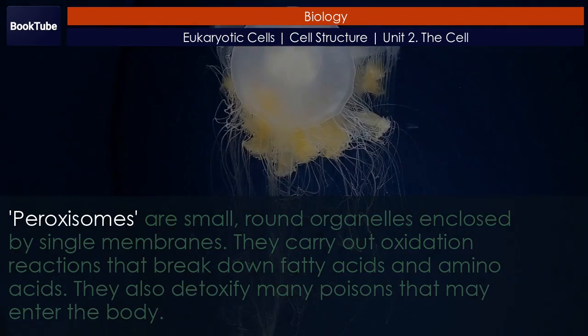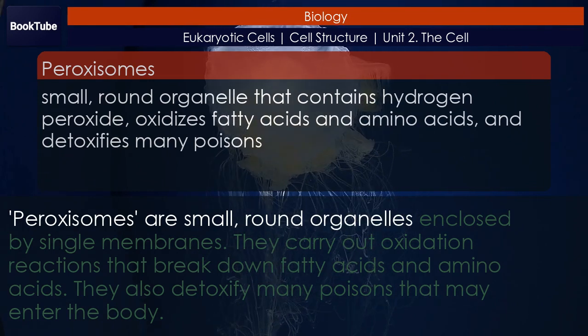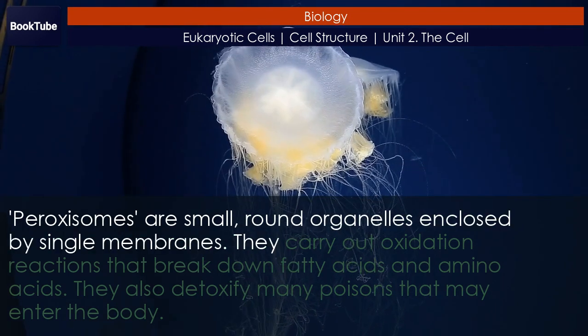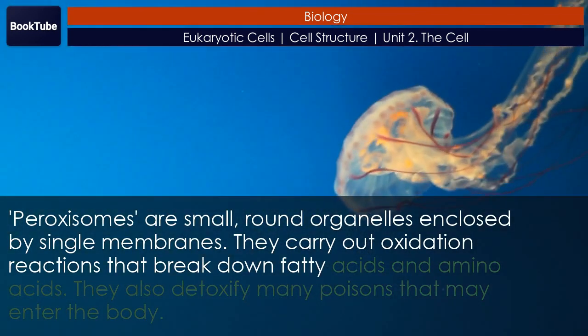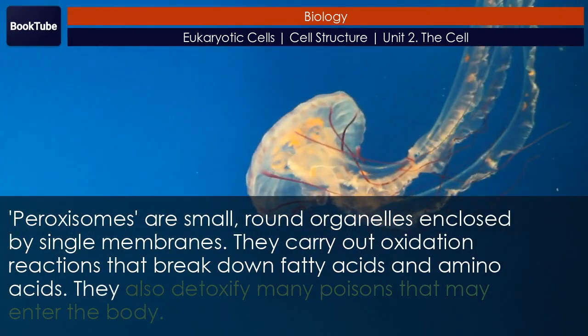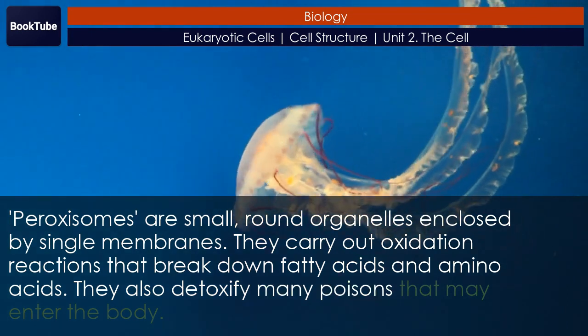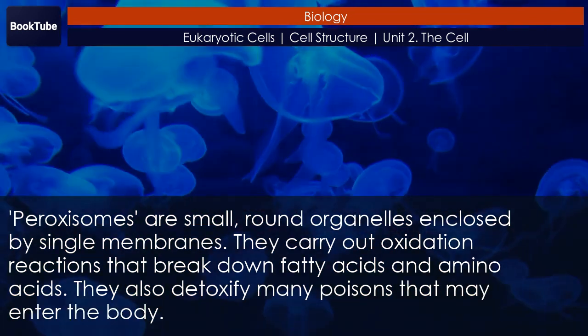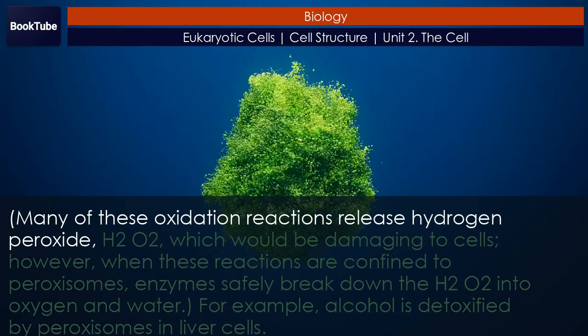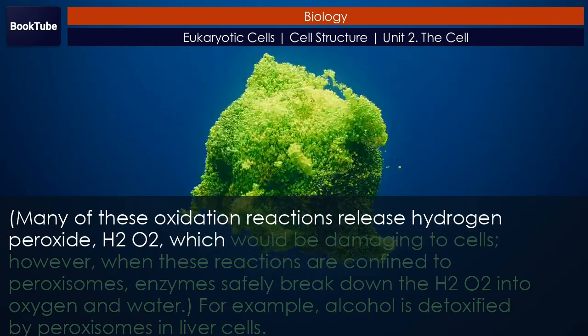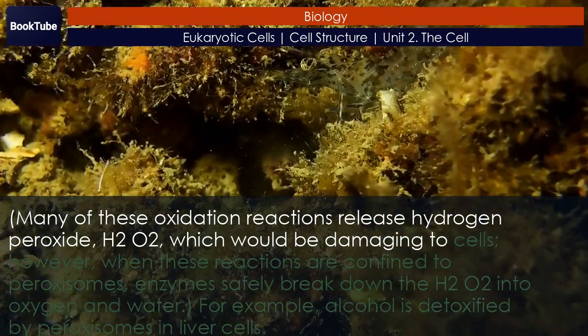Peroxisomes. Peroxisomes are small, round organelles enclosed by single membranes. They carry out oxidation reactions that break down fatty acids and amino acids. They also detoxify many poisons that may enter the body. Many of these oxidation reactions release hydrogen peroxide, H2O2, which would be damaging to cells.